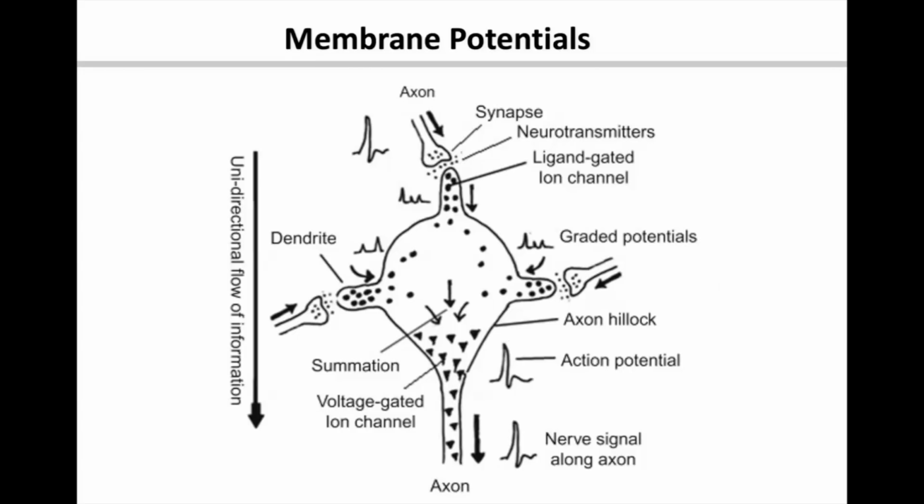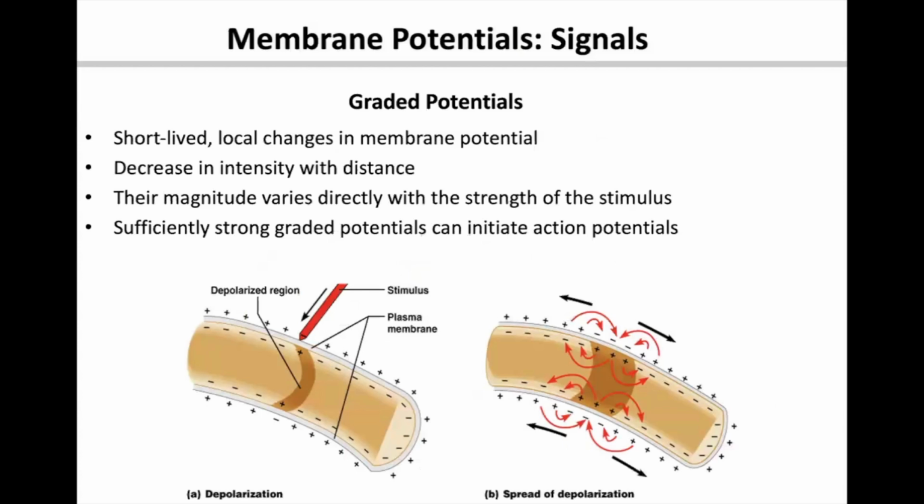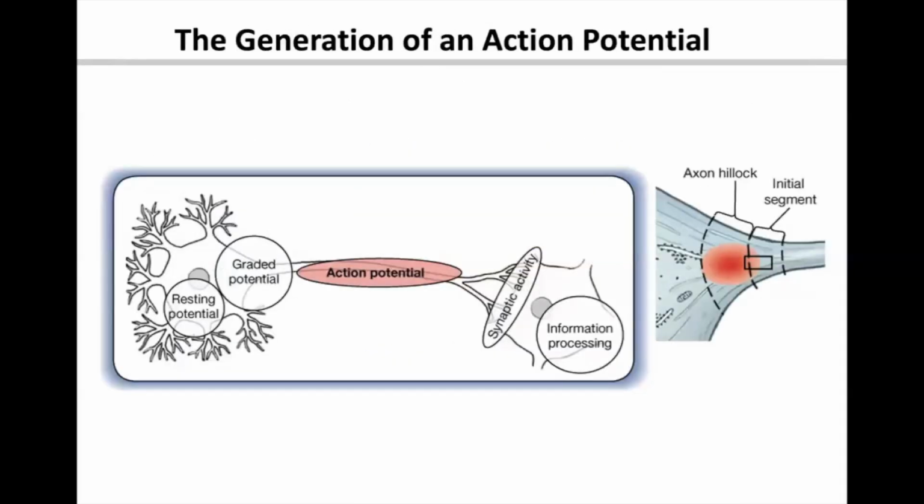Again, what is an action potential? I'm going back one slide so that you understand it better. So, an action potential is a more dramatic change produced by the voltage gated ion channels in the plasma membrane. Okay, so here this resting potential, here graded potentials together come into the action potential site, which is the axon hillock, which leads to an action potential.